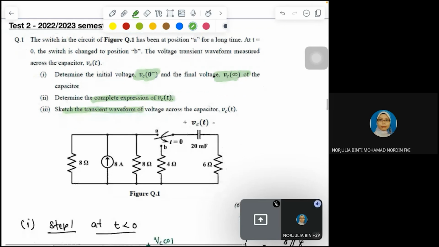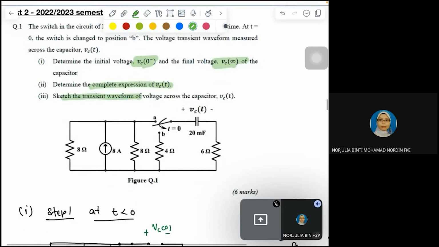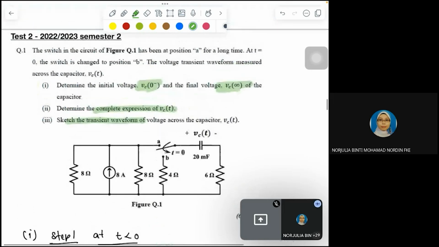This question carries 6 marks. We have a double throw switch. It has point A and point B, and this is the RC circuit.